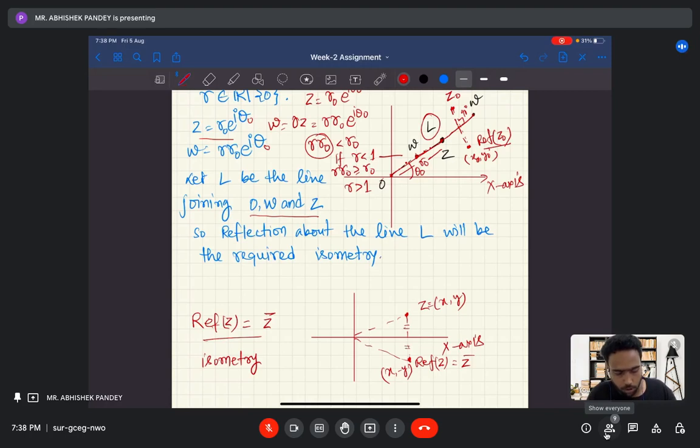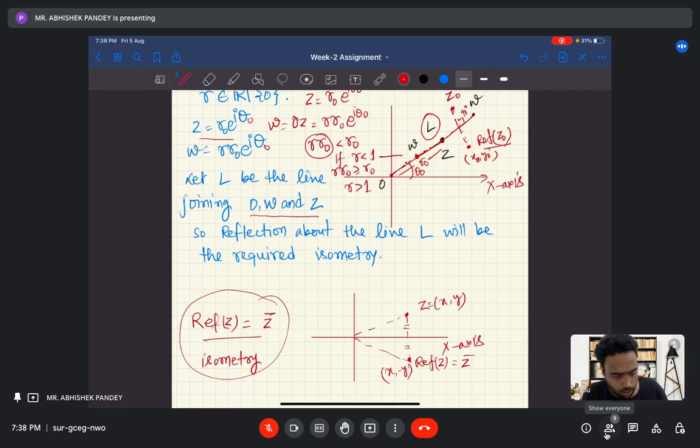Using coordinate geometry, you can find the coordinate of the reflection of z naught. What you need to do is rotate this line to the x-axis, and then use the fact that reflection about the x-axis is f of z equals z bar. So reflection about the line L will be the required isometry. It will fix 0, w and z, because for these points the reflection is the point itself, and it also fixes the origin.